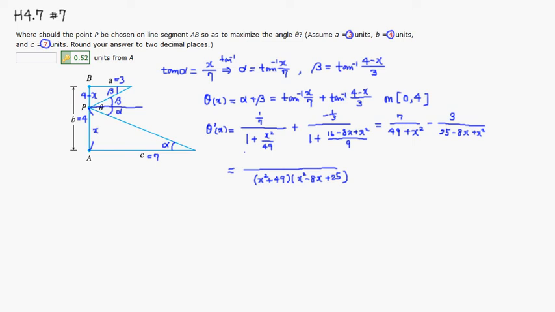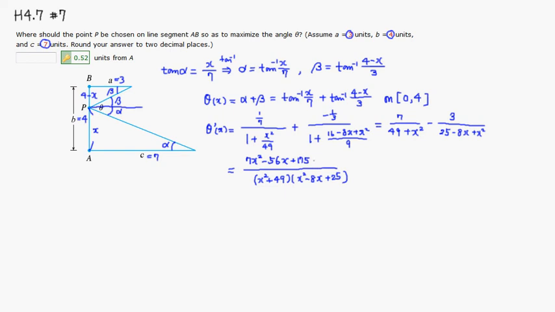So it's going to be 7x squared, and 7 times negative 8x would be negative 56x. 7 times 25 is 175.